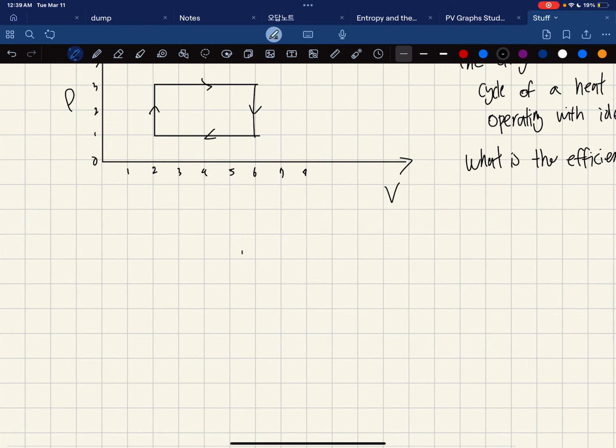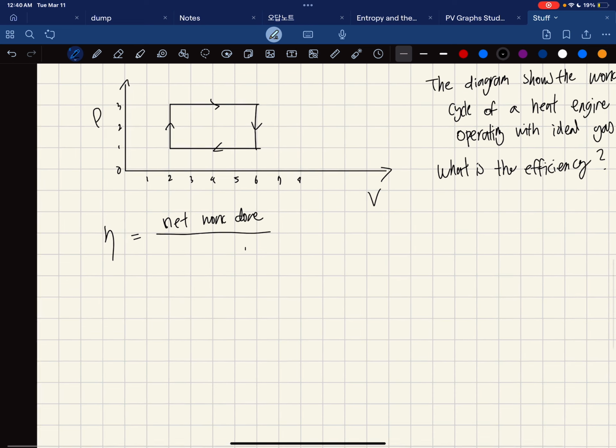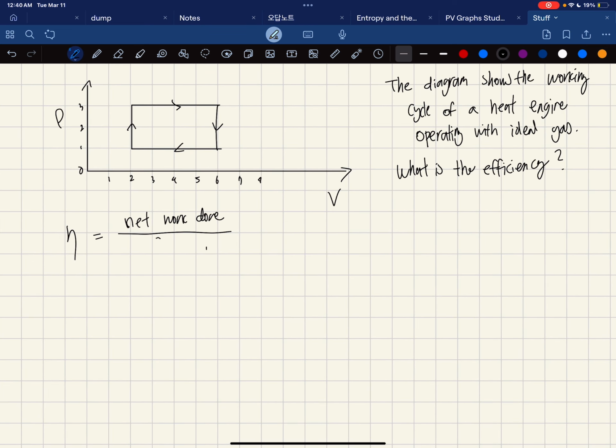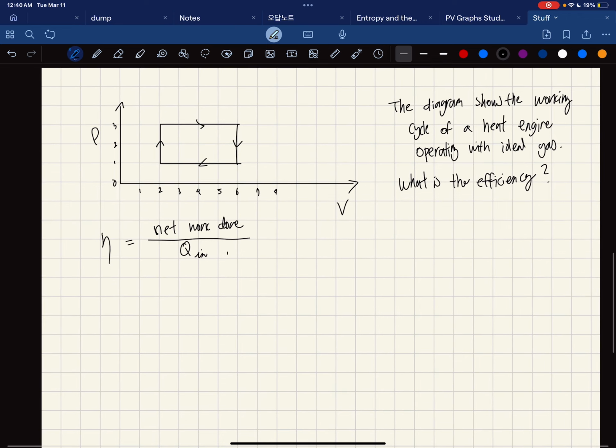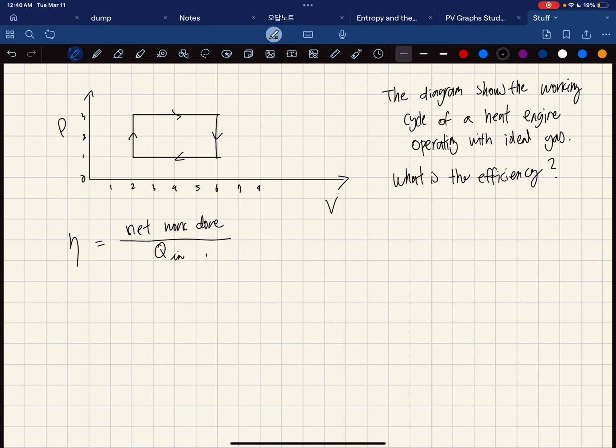Now, let's recall that efficiency is net work done over Q in. So heat transfer in, which means heat transfer towards the heat engine, which I'm just gonna write as this for simplicity's sake.